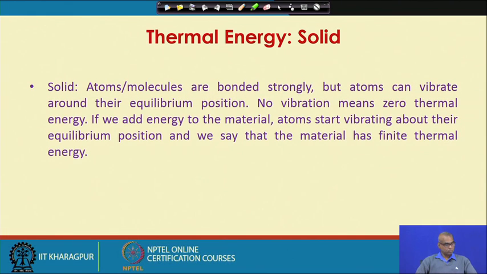Now, let us talk about thermal energy associated with solid, liquid and gas. Let us start with solid. In solid, atoms or molecules are bonded very strongly, but you know that atoms can vibrate around their equilibrium position.